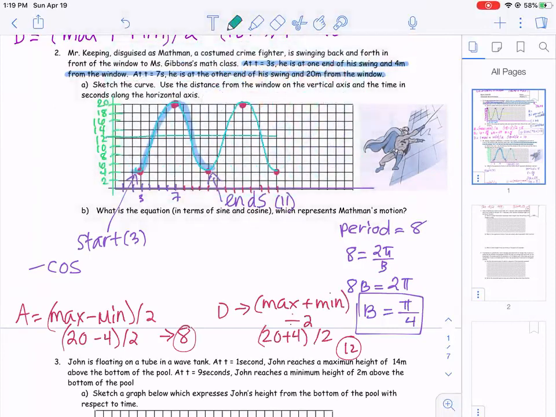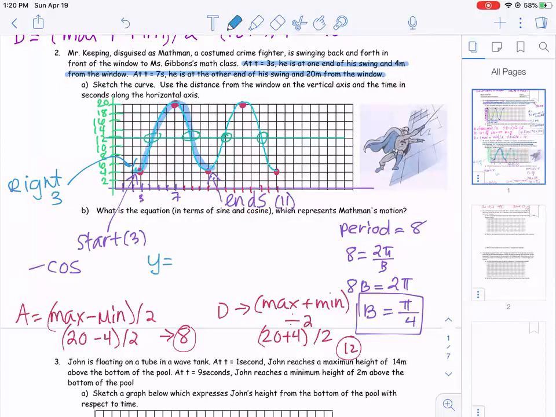And that's exactly halfway between our max and our min. And that's kind of like our x-axis. Like these are all our zeros here. And then we shifted to the right 3 when we started.